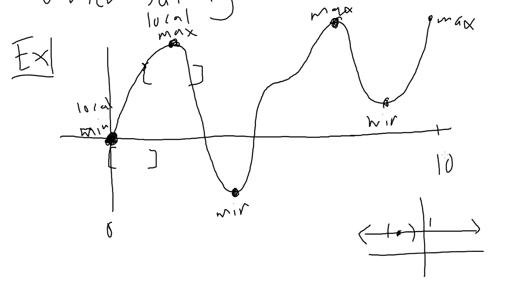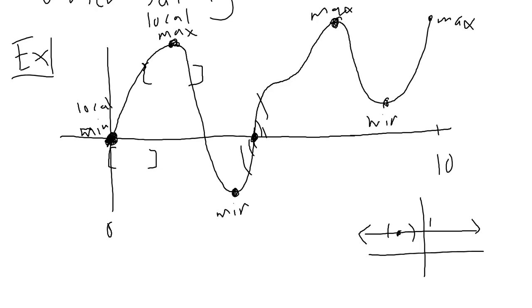What I wanted to get to is that on this graph, this point isn't a local max or a local min, because for any interval around that point, you have points that are bigger than it and less than it.